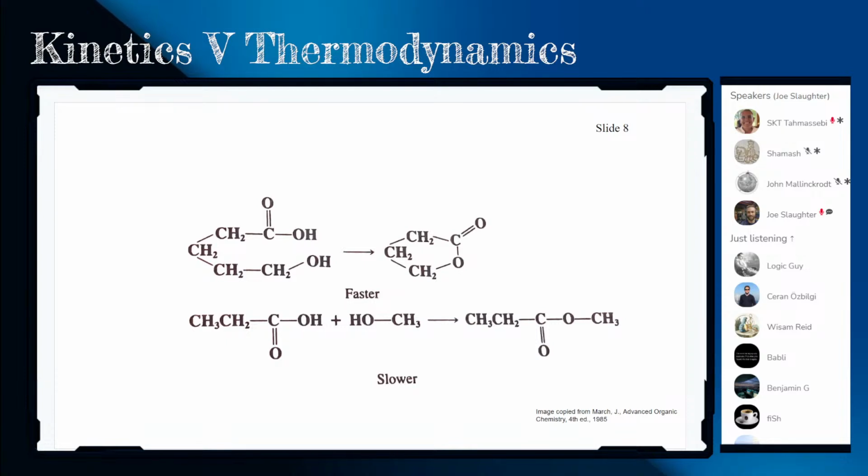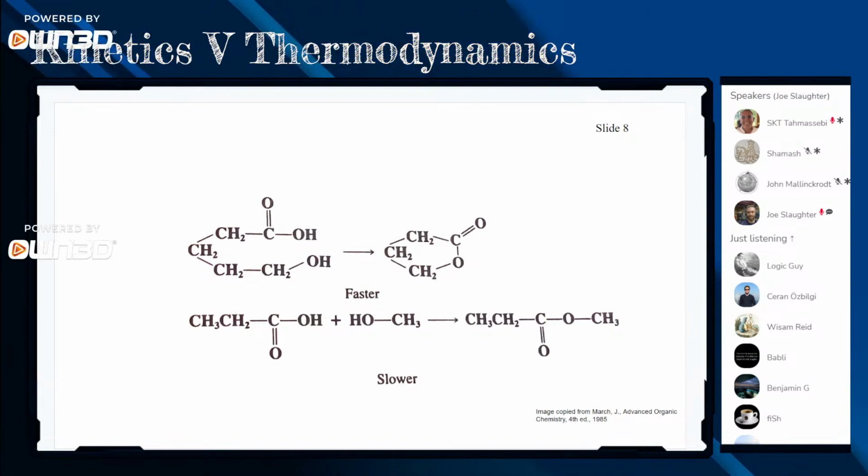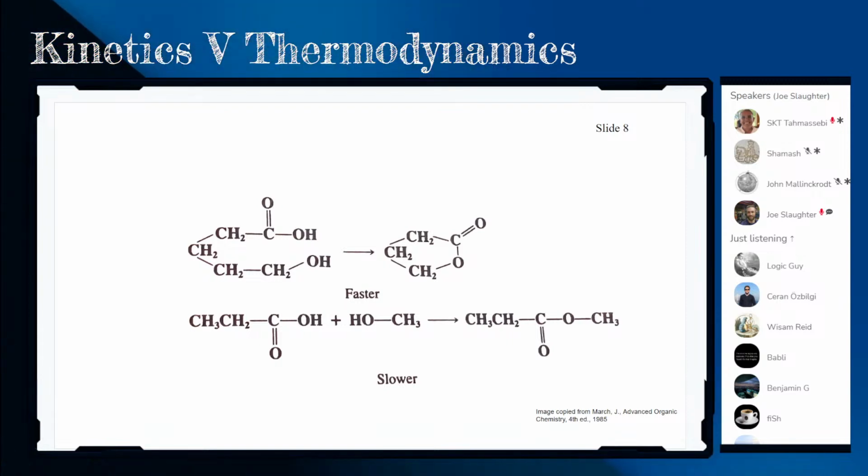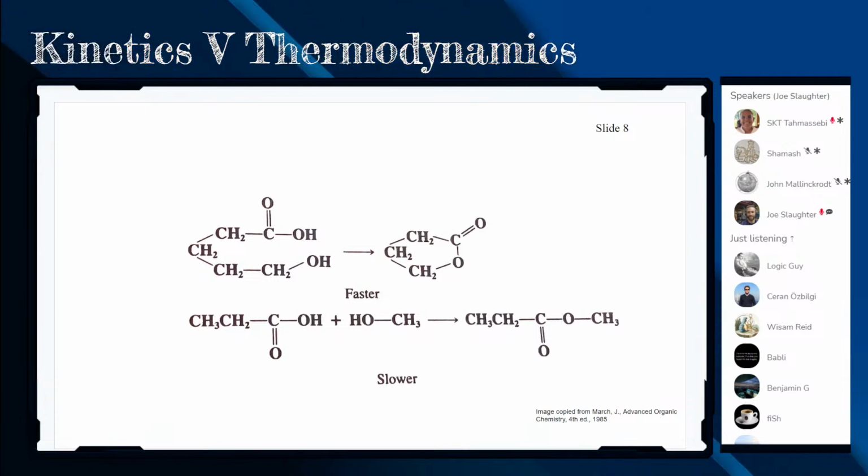Well, as it turns out, if the ring that you're forming has 5 members or 6 members, then the strain in the molecule isn't that important. It is negligible. 6-membered rings and 5-membered rings do have some angle strain. We can't deny it. But that angle strain is not enough to affect the delta H of the reaction in a significant manner.